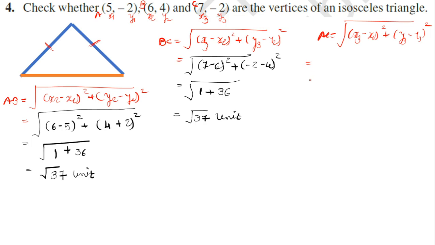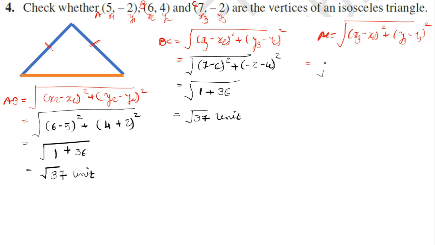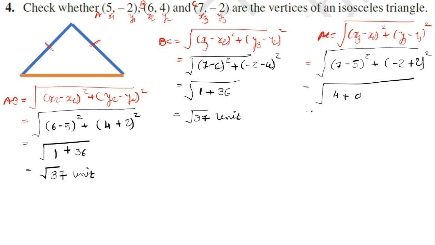If you substitute the values, then 7 minus 5 whole square plus minus 2 minus minus 2 whole square. 7 minus 5 is 2, 2 square is 4, plus minus 2 plus 2 is 0, 0 square is also 0, so under root of 4, that is 2 units.